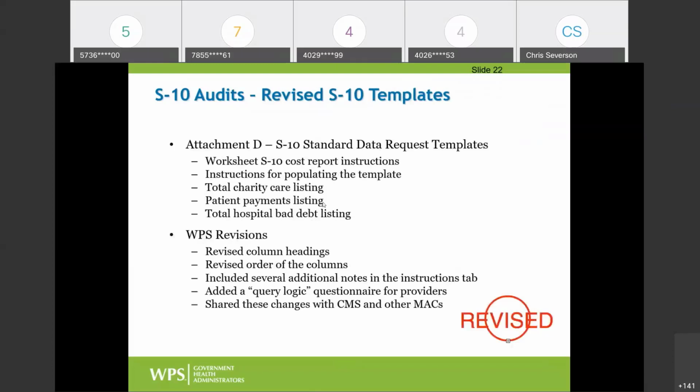And then the other thing related to these audits, we have the S10 templates. This was attachment D, we call it the attachment D template, or just the revised S10 templates.